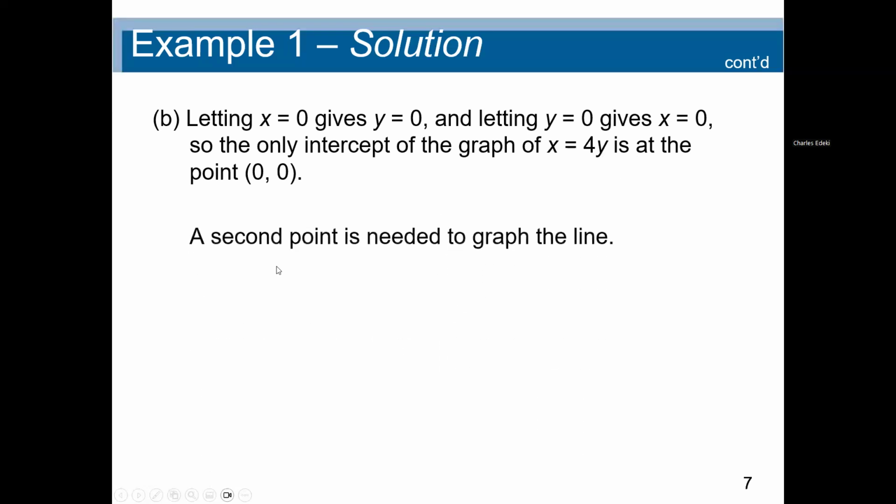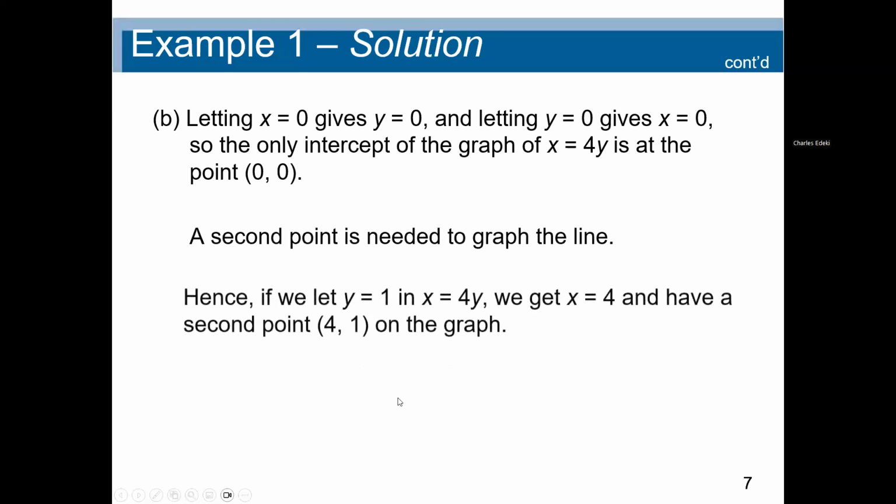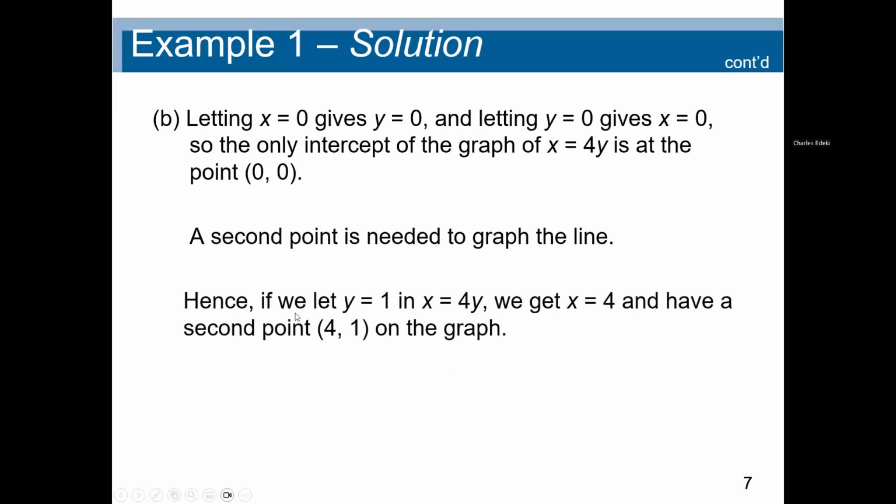The same thing for the second point: the equation again is x equals 4y, so if we set y to 0, x will give us 0 also. Here, if x equals 0, y equals 0, and if y equals 0, x equals 0, so we get only 1 point.